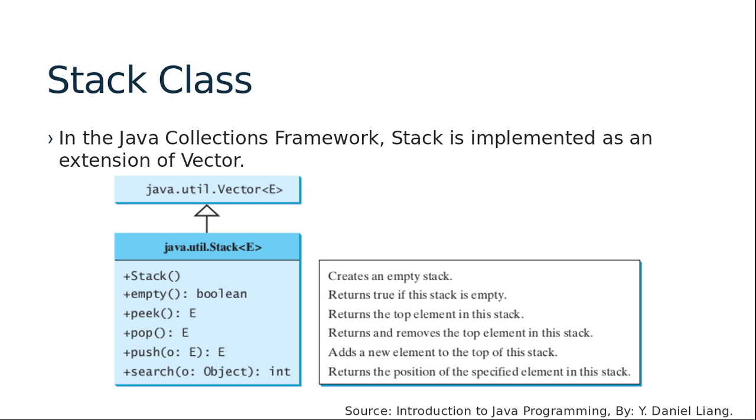Now stack has one constructor, stack, which will create an empty stack. You can check whether your stack is currently empty or not using the empty method. Now there are methods which simply push a given element, peek the top element, which will not remove it, pop the top element, which will remove the top element and also return it, and you can search for a particular object in the stack.